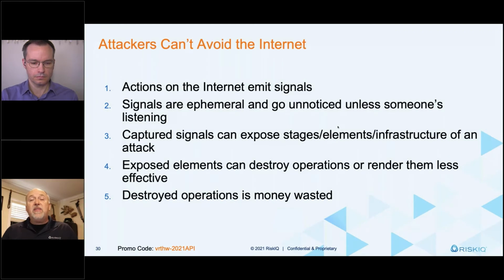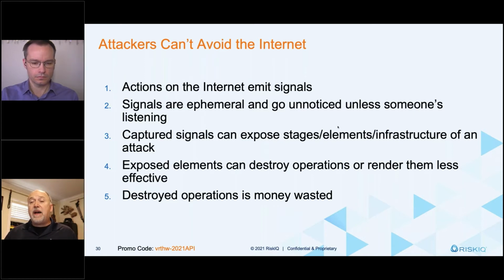But the way that we do that is everyone plays on the same battlefield, same rules. Everyone's on the internet, and there are signals that get emitted when you're using the internet. And if you capture those signals, then you can do something with it.